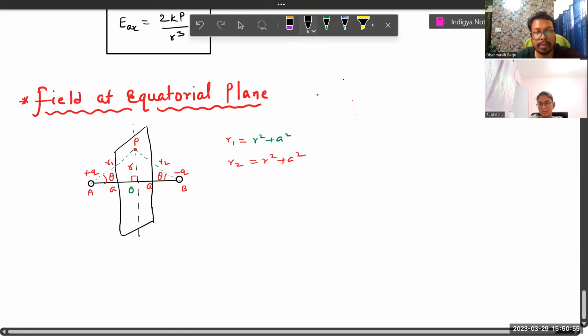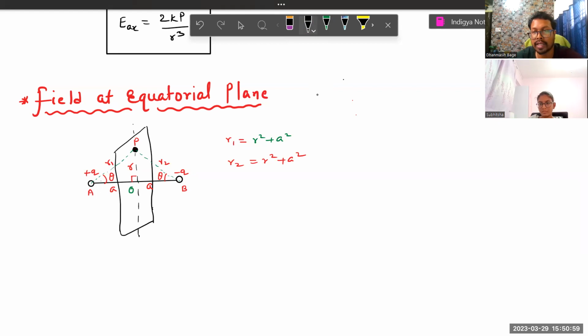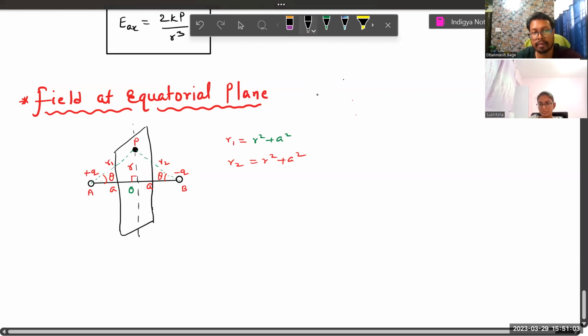Tell me, what will be the direction of the field E plus Q at P? Which direction? E plus Q will be in which direction?